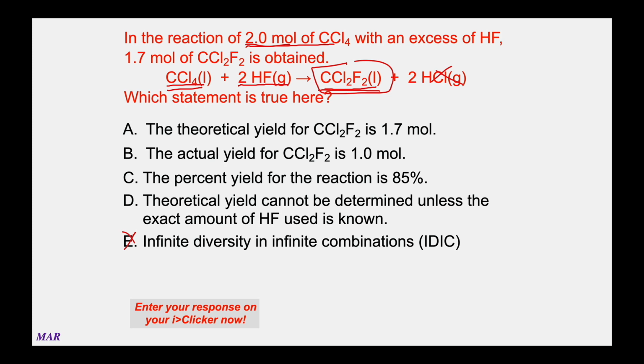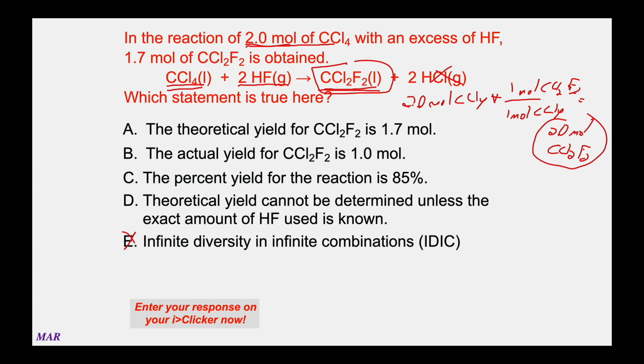All right, and you can write that out formally. 2 moles CCl4 times 1 mole CCl4 per 1 mole CCl2F2, you can see that this is going to come out to be 2 moles CCl2F2.